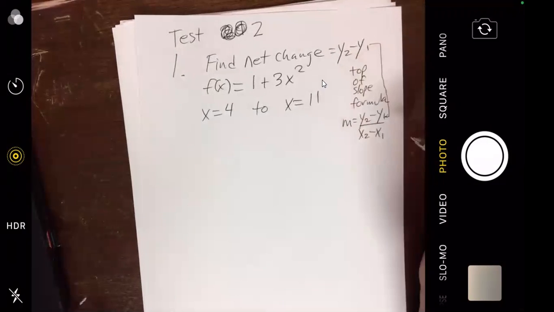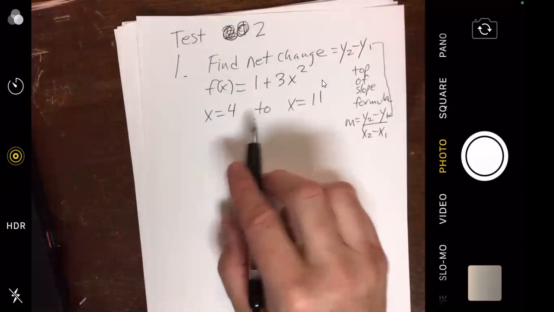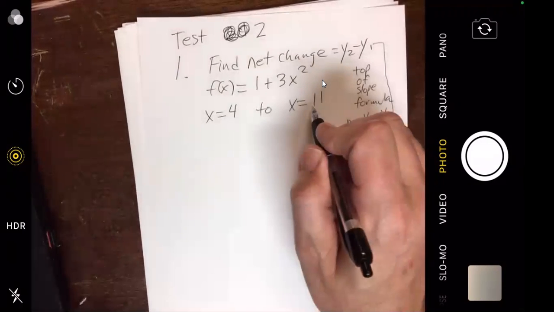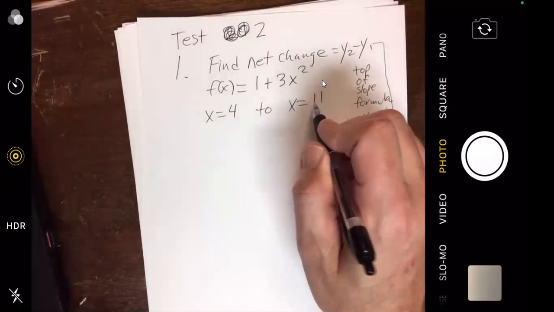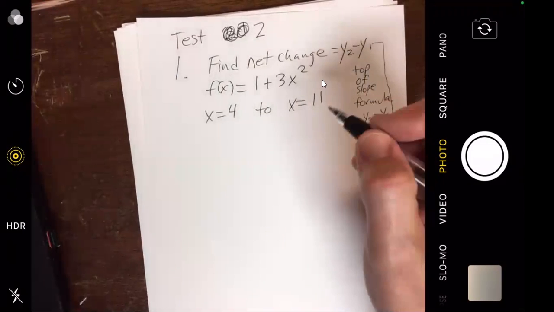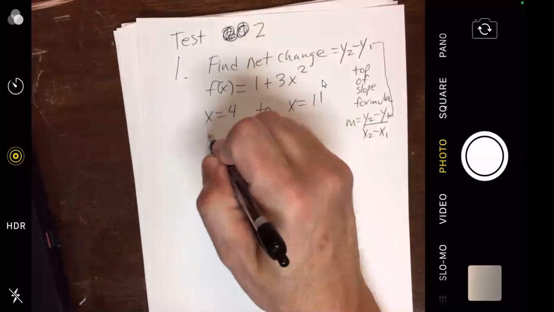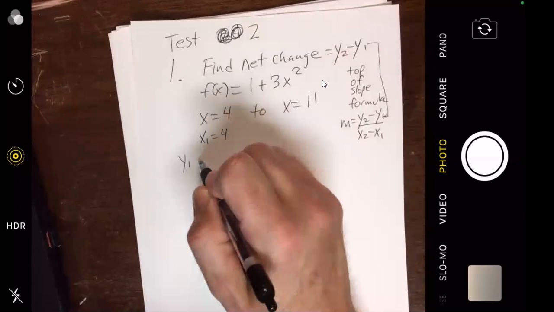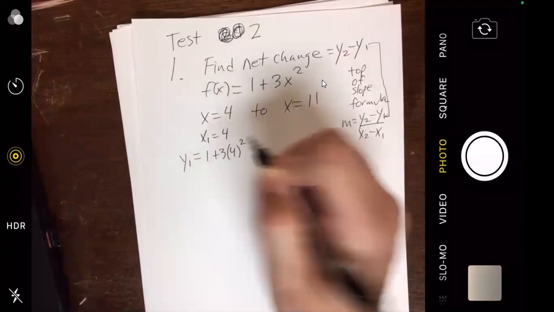These are your x2s and x1s. It doesn't really matter which one you call which, but we need the y values for each of these x's. And we generally go from larger x to smaller x. So in other words, I really call this x1 equals 4. So I need a y1, and that would be 1 plus 3 times 4 squared.